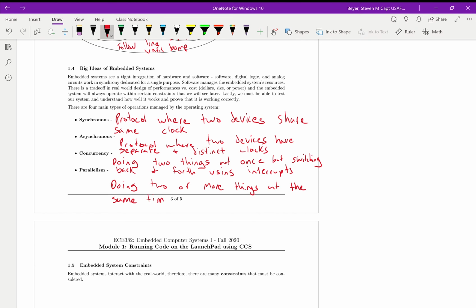And that is what we see a lot more nowadays with your quad-core processors, your GPUs. And so what we will primarily see in the MSP 432 is concurrency. We'll be switching back and forth between different processes.